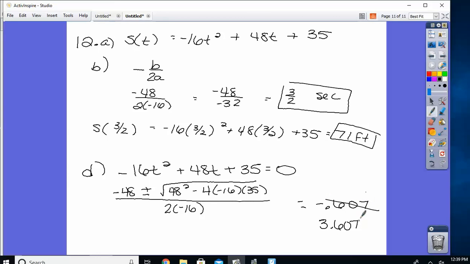So we can't have the negative, so it's after 3.607 seconds that it will hit the ground. Now, do we have to write those in a full sentence? Just put a label on it. I'm not going to make you write a full sentence for that type of problem.